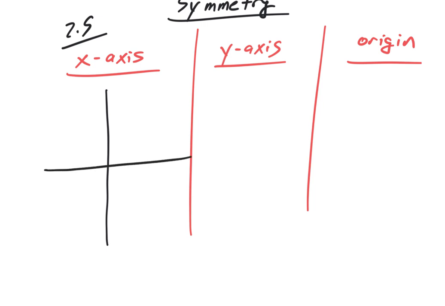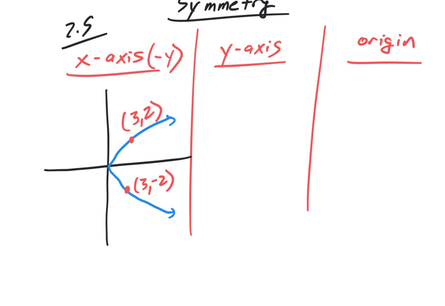So if a graph is symmetrical to the x-axis, then it will have the opposite y value.